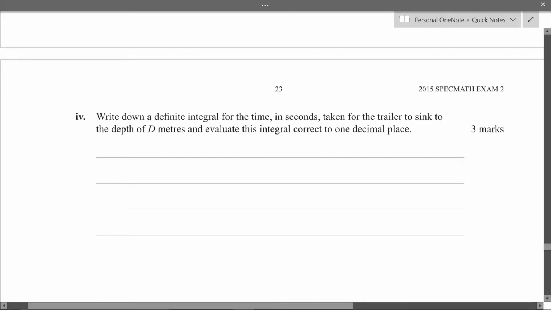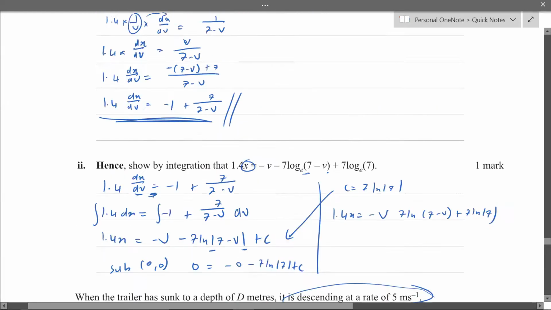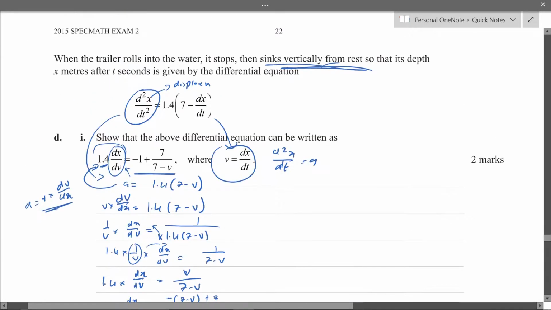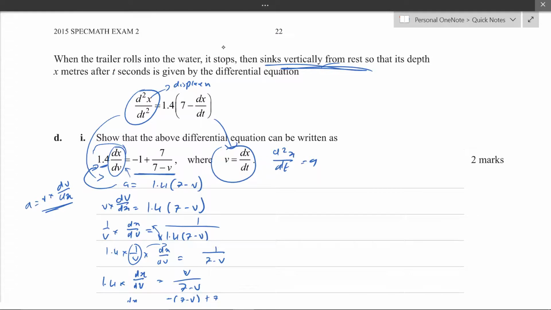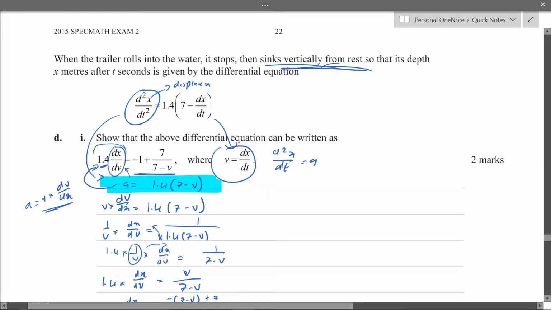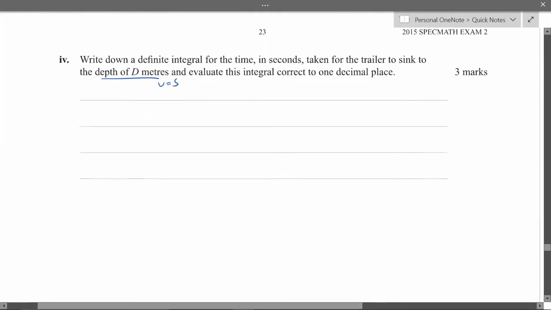So now it's just asking, write a definite integral for the time it takes for the trailer to sink down to a depth of d meters and evaluate this integral. So at d meters, v equals 5. We know that a is 1.4 times 7 minus v.